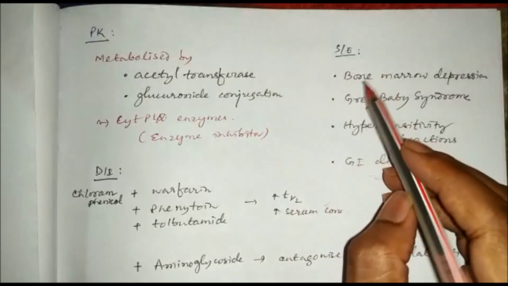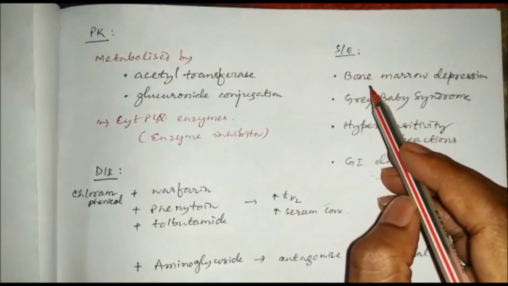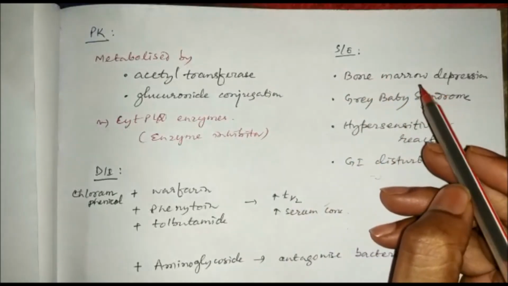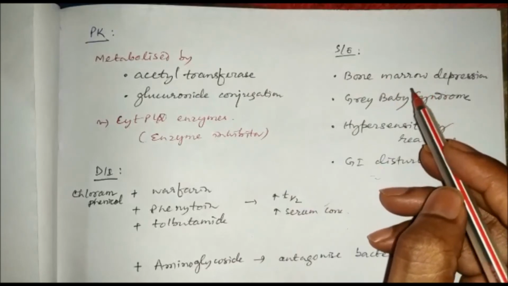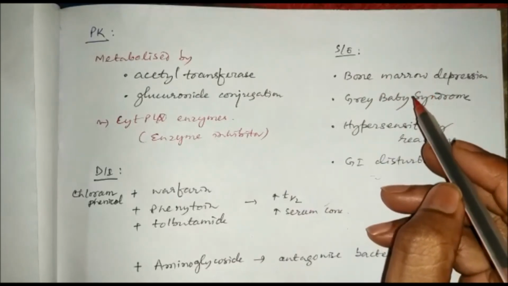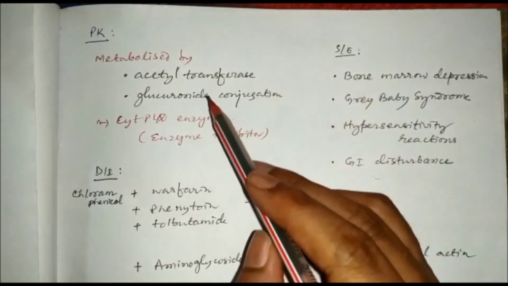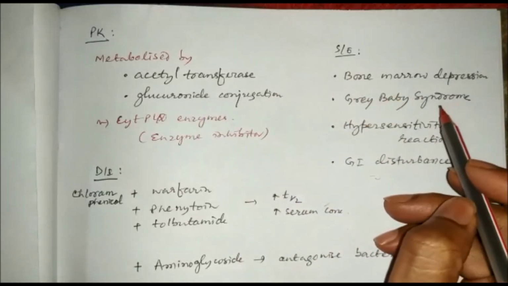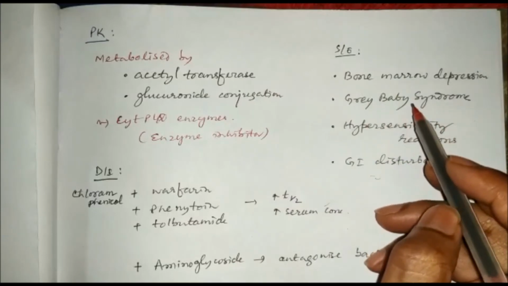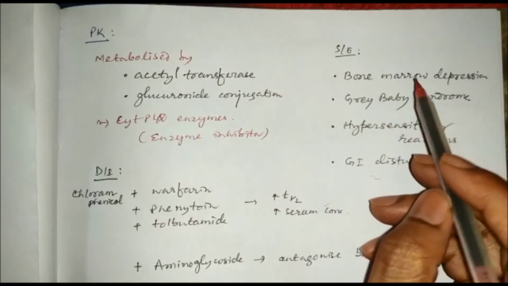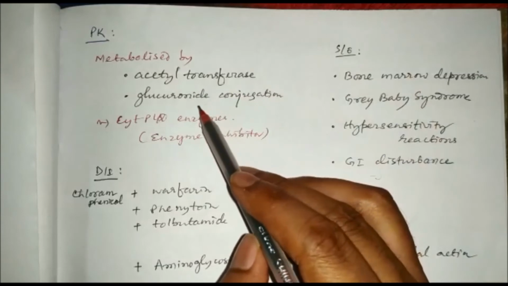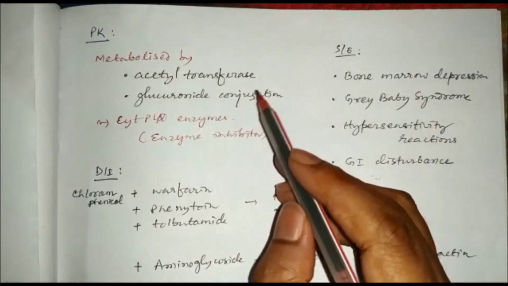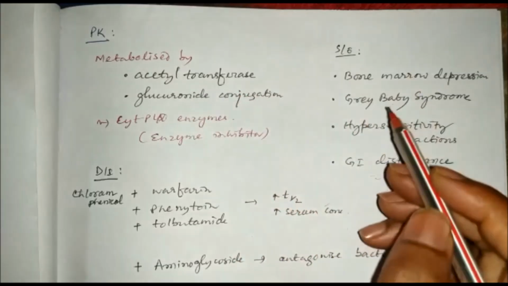So side effects: chloramphenicol shows bone marrow depression, which leads to pancytopenia, a decrease in all blood cell elements, and in neonates they show grey baby syndrome because the body of the neonate becomes ash grey colored, because the glucuronide transferase enzyme is not developed in the neonates.